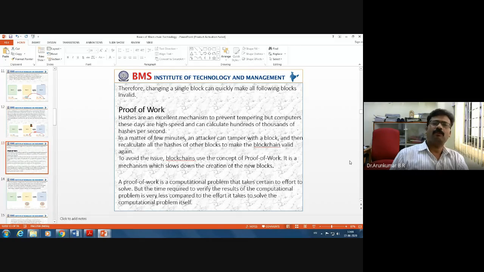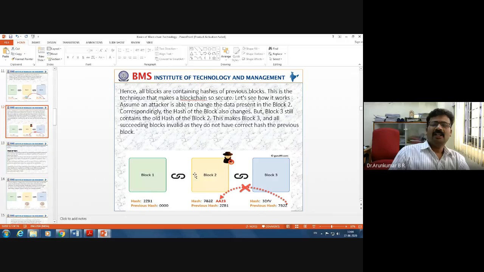So in a matter of a few minutes, an attacker can tamper a block and then recalculate all the hashes of the other blocks and make them valid again. As we have shown here, if an attacker makes some changes in block 2, the hashes of block 2 and block 3 and succeeding blocks change.